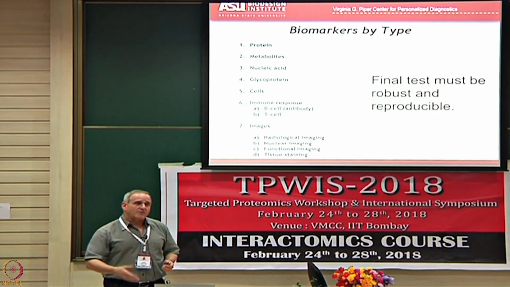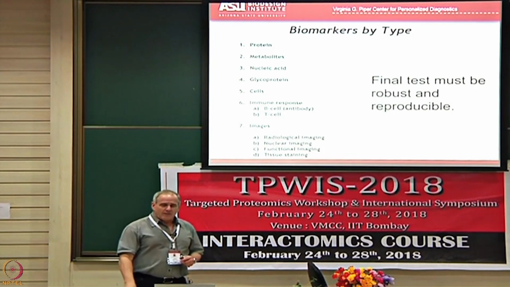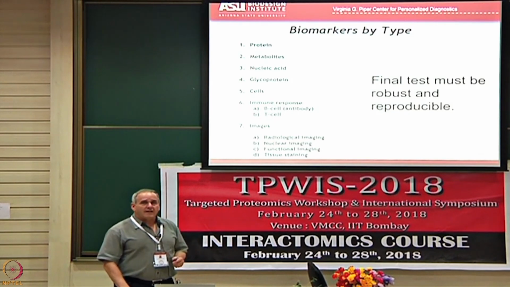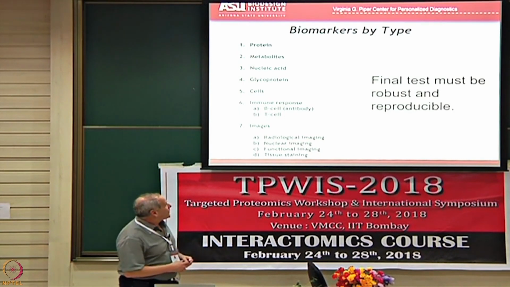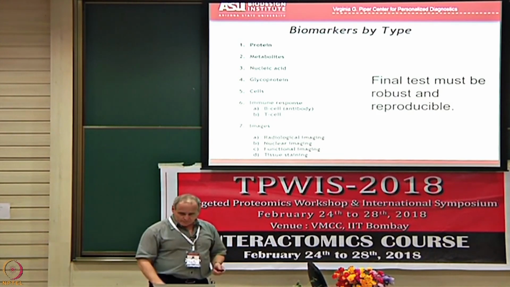In the case of breast cancer, mammography is an early detection biomarker. Nowadays, in the US, there is a recommendation to do spiral CT scans on very heavy smokers as an early detection biomarker for lung cancer. But no matter what test you do, it has to be robust and reproducible.